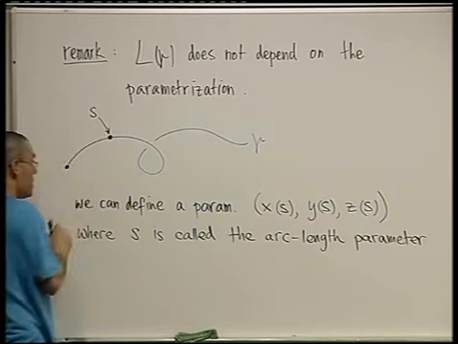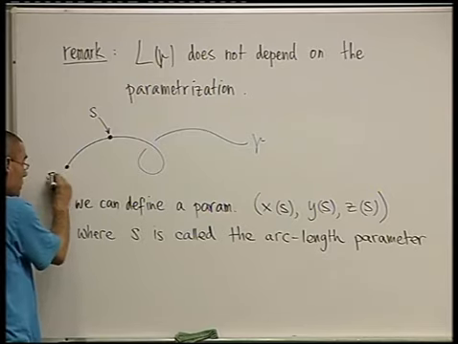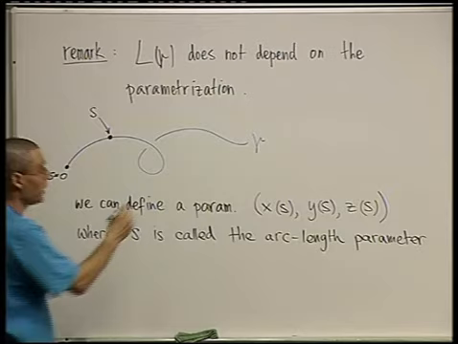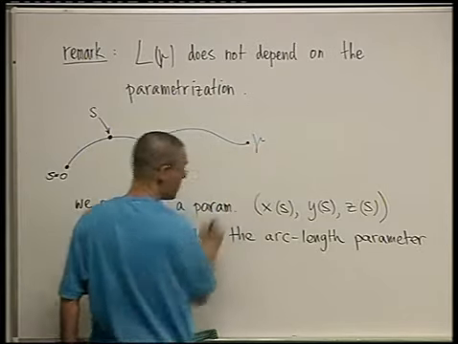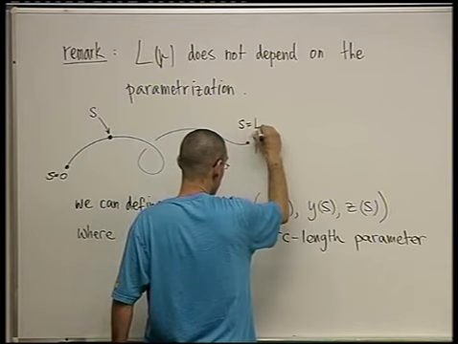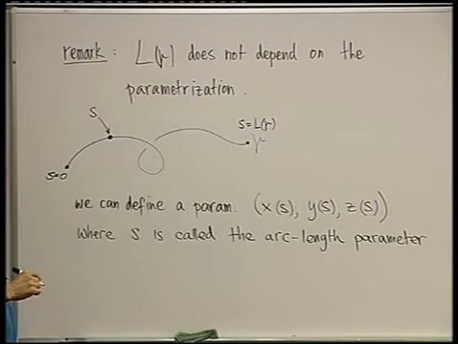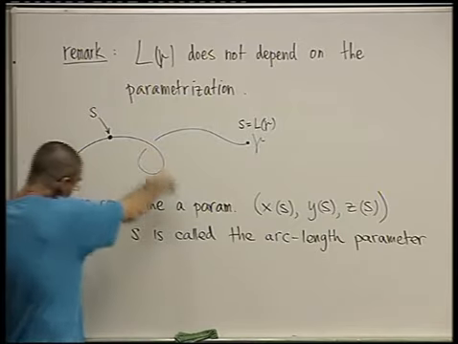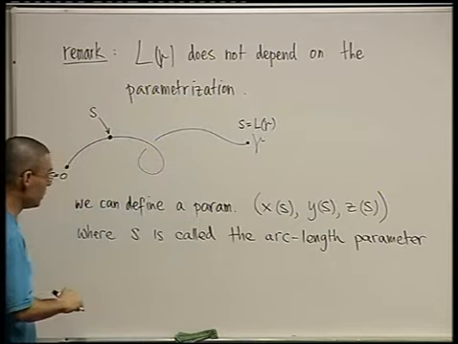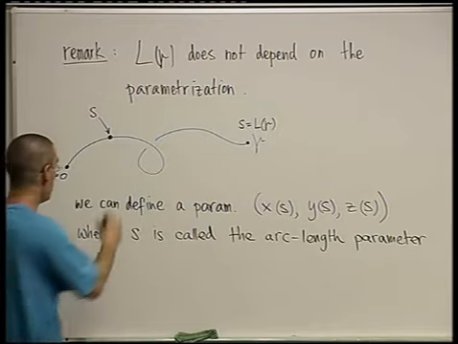So what would this correspond to? Let's say we start here. What s value would this correspond to? Right, this would correspond to s equals 0. And what s value would this correspond to? This would correspond to s equals L of gamma, the length of the entire curve, right? And any point in between would correspond to the arc length up to that point, okay?